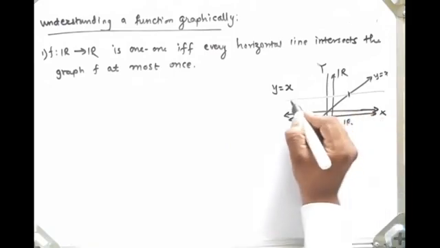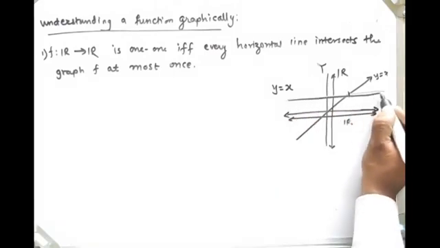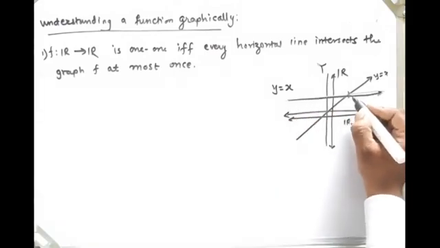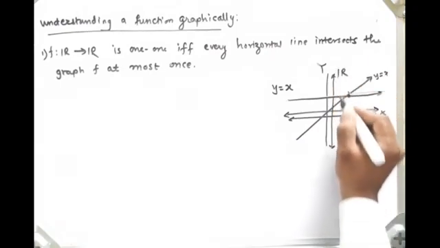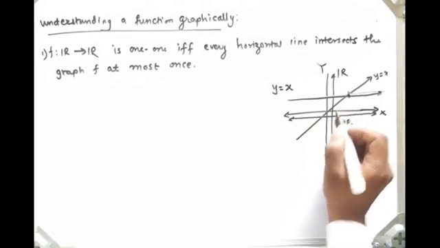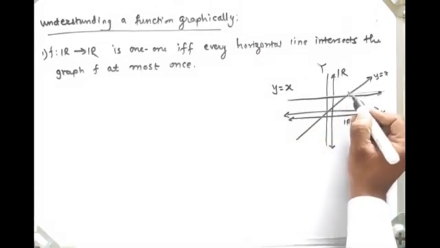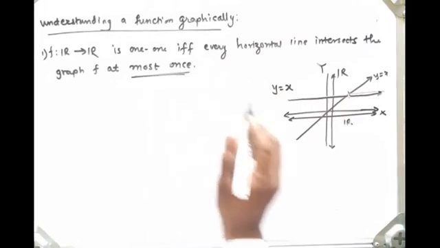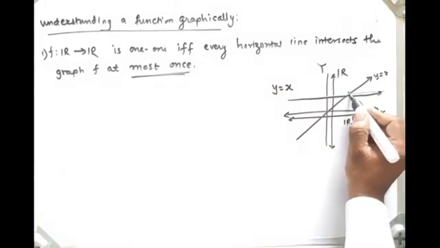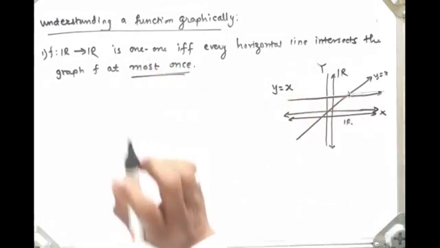Here if I draw the horizontal line parallel to the x axis, it cuts the graph at most one point. Meaning in the codomain R I draw a single line, which cuts the graph at most one point. At most once means that if more than one point cuts the graph, then we say that the function is not 1-1, right?